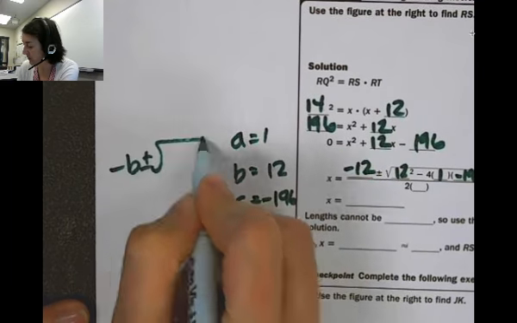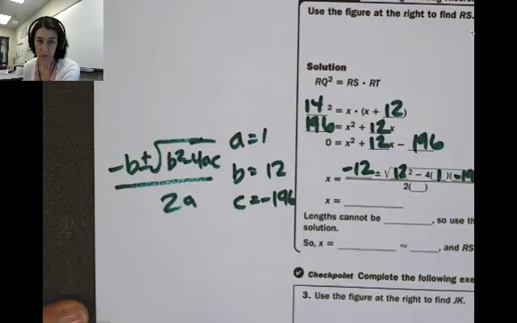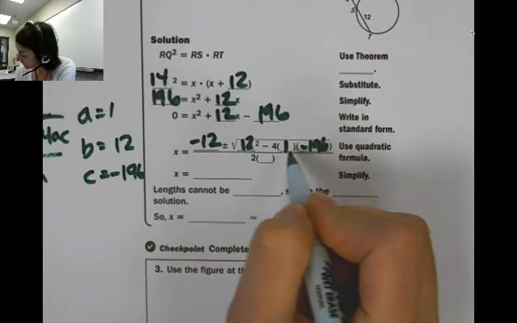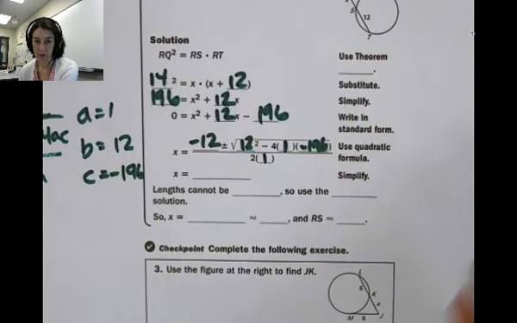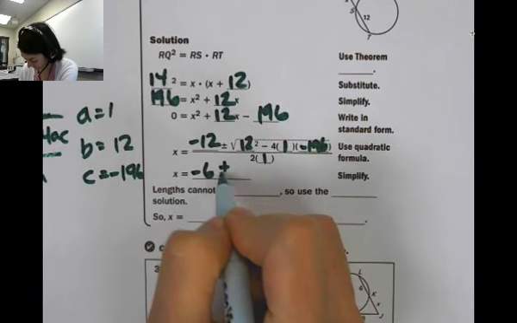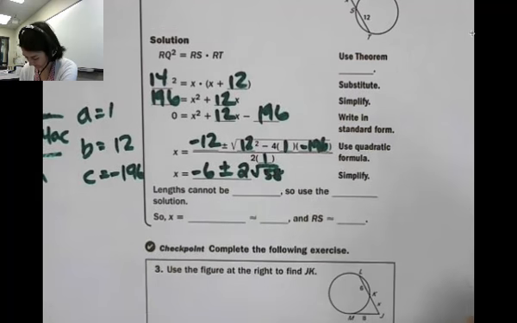Opposite of b plus or minus the square root of b squared minus 4ac, all over 2a. Hopefully most of you remember that. So we're just plugging in for that. We can simplify that, plug it into our calculator, and we get negative 6 plus or minus 2 radical 58. There was a radical that had to be simplified in there, and some reducing.